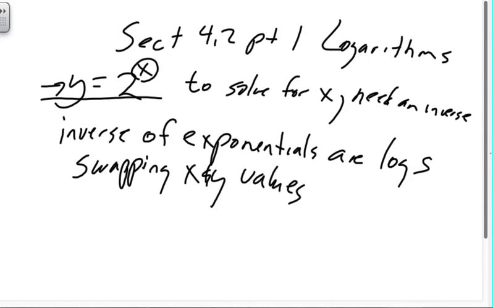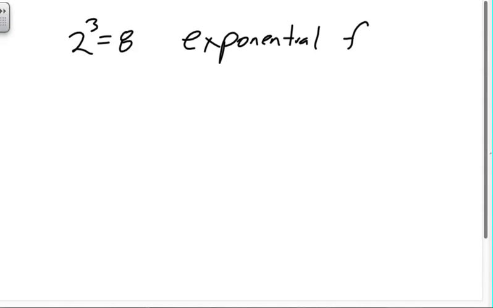So let's take a look at how these things are related. And this will be the first type of thing we're going to be dealing with. So if we've got something, this is in exponential form. That's my base.